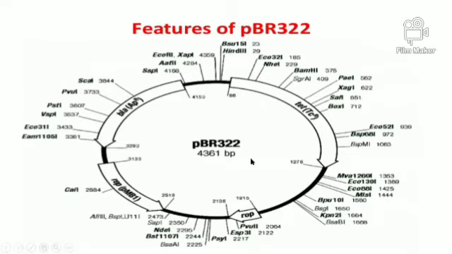The base pair count is 4361. In this circular structure, 4361 base pairs are present, and these are the different sites where you can insert the different types of desired genes.